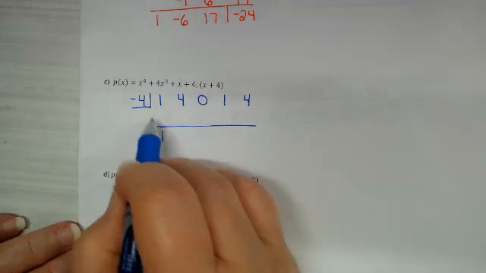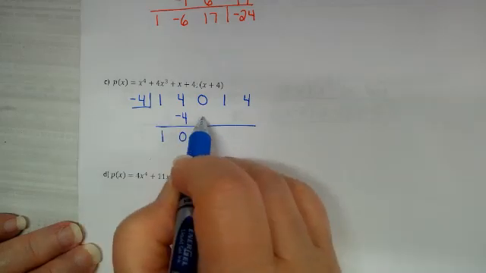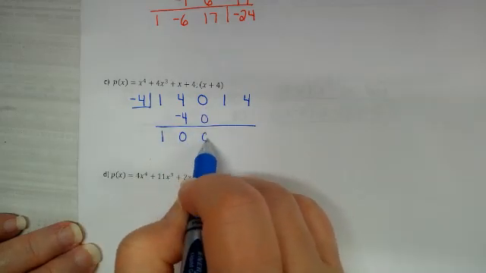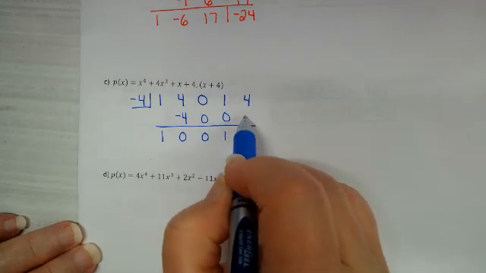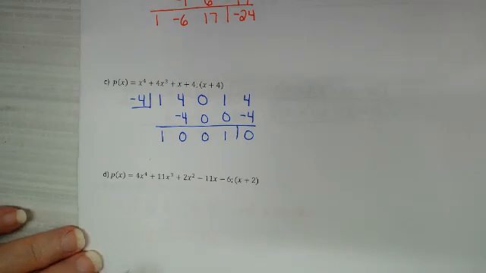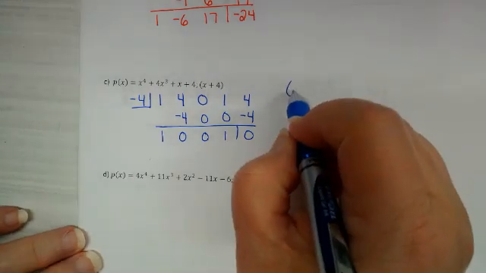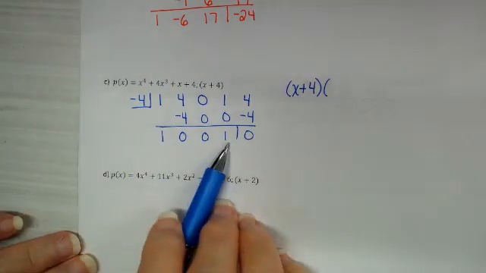Bring down the 1, multiply and add. Multiply and add. Multiply and add. Multiply and add. Wow, there was a lot there. So x plus 4 is a factor, and the other factor is this one.